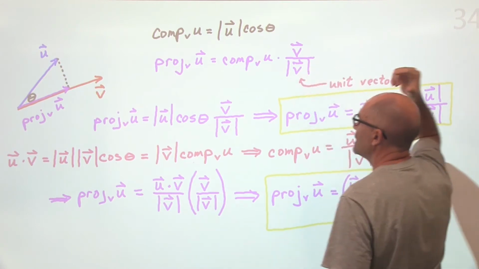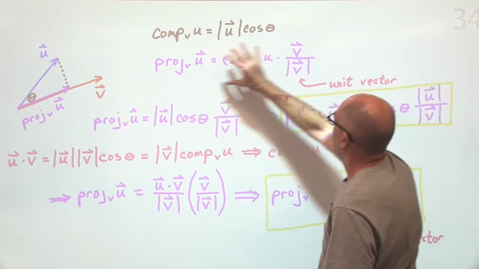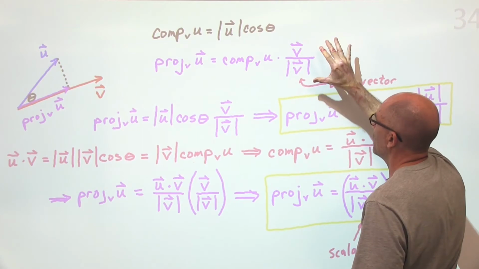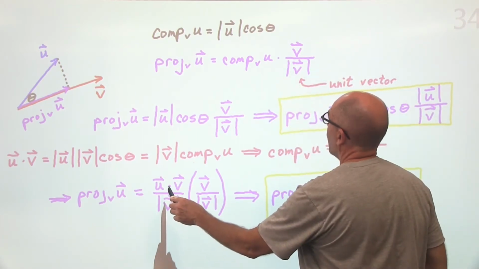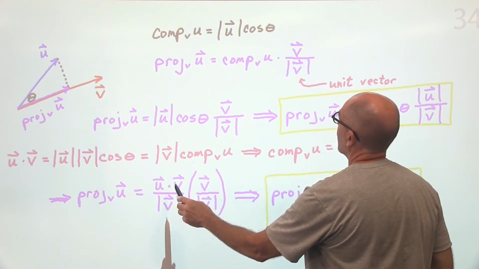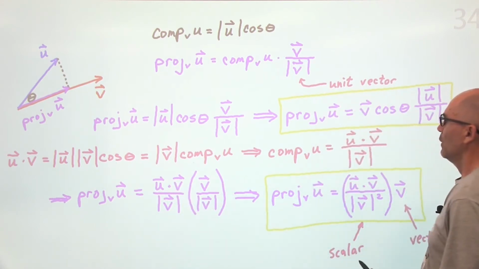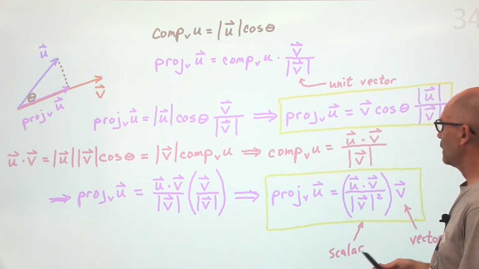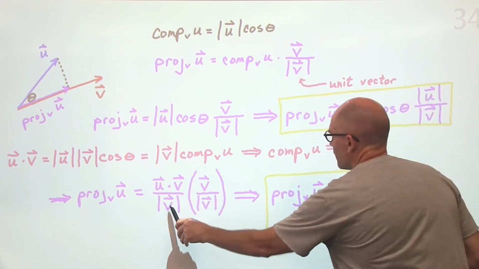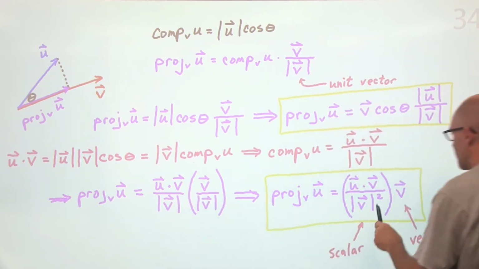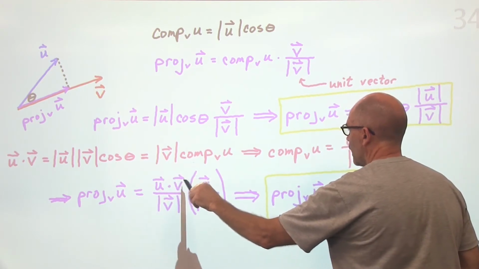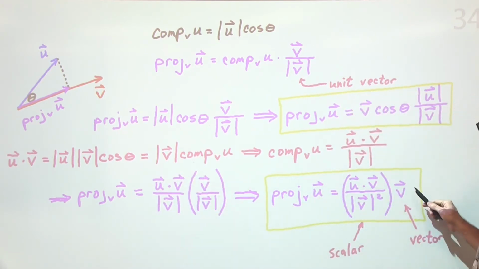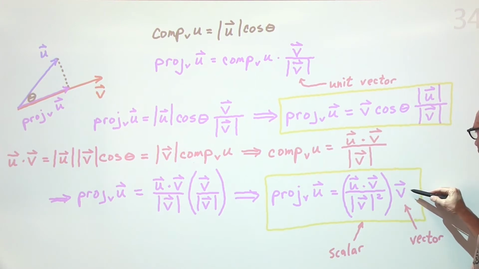So I'm basically taking this equation and substituting in the component of u along v, and so what I have then is, notice on the bottom I have the magnitude of v squared. On the top I just have u dot v, and then I have vector v.